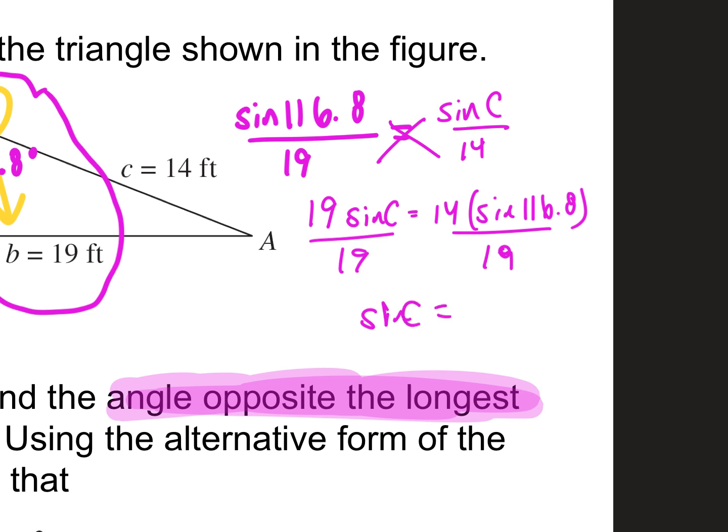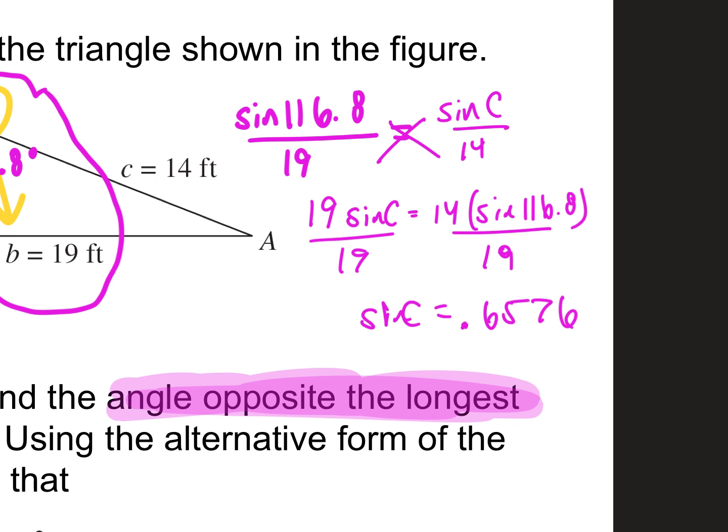14 times the sine of 116.8, divided by 19. 0.65. You have to do the inverse now. What'd you get? Say it one more time. 0.65. To 4 decimal places? 0.6576. Okay. And now we hit second sine.